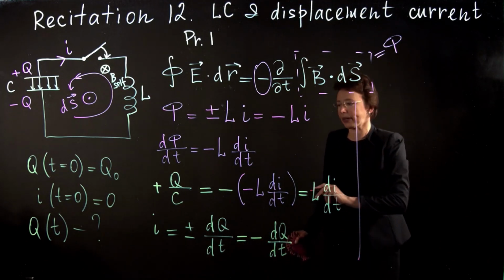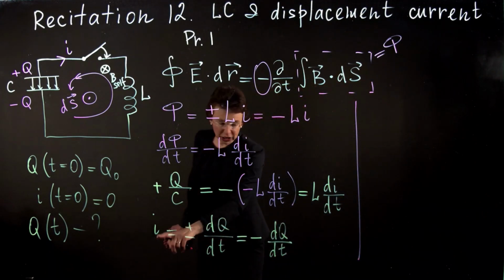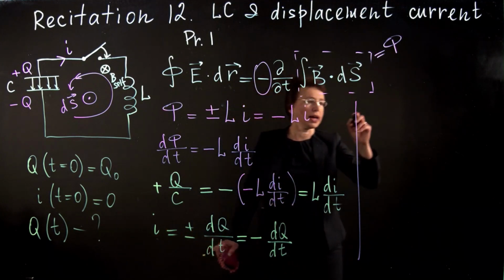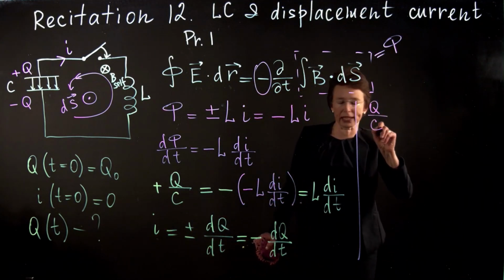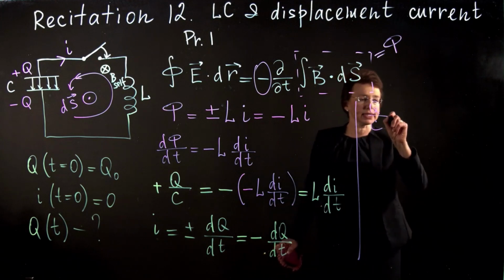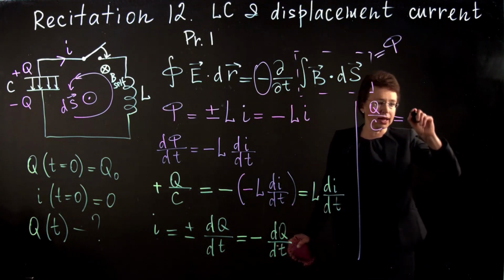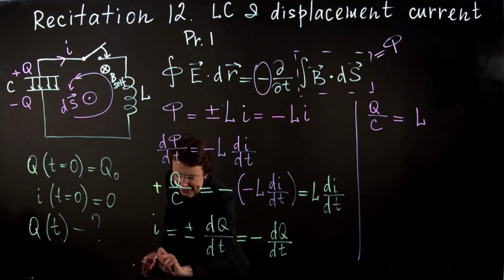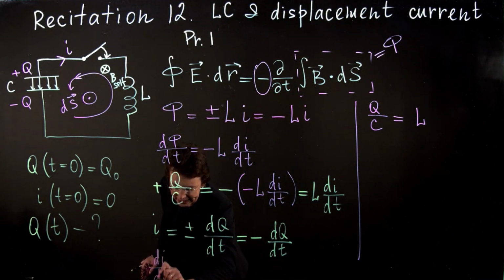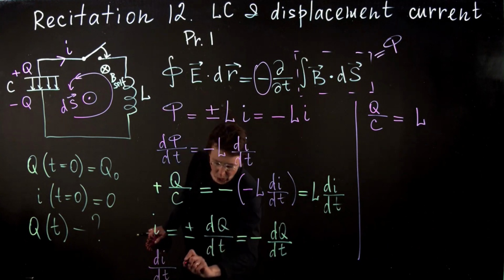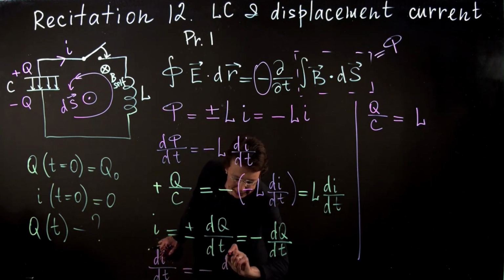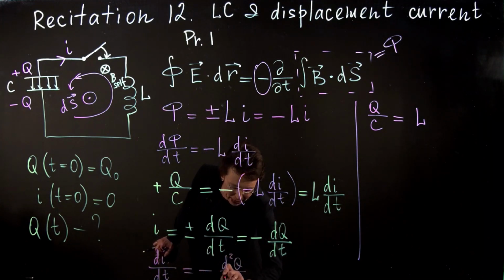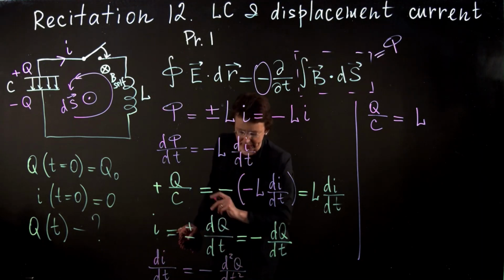Now I'm ready to write our equation. Let me do it right here. I bring current into my equation. I have Q over C on the left, and it is equal to L di dt, which is equal to minus d2q by dt squared.